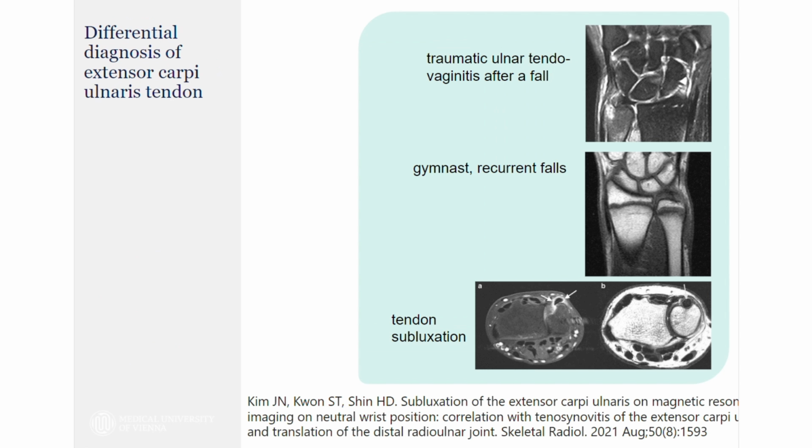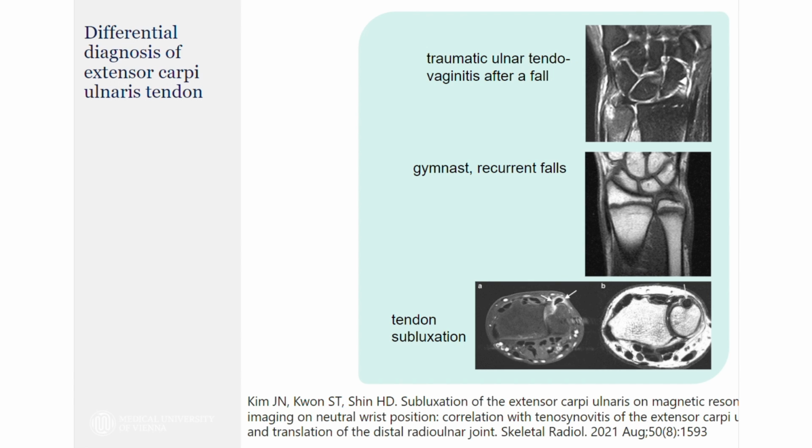that you see here. And there is a lot of differential diagnosis, mainly traumatic. So this was a case after a fall. This image was also after a fall in a young gymnast with still open physeal spaces. But it also may be due to overuse, and especially in extensive tennis players, it may be associated with subluxation.